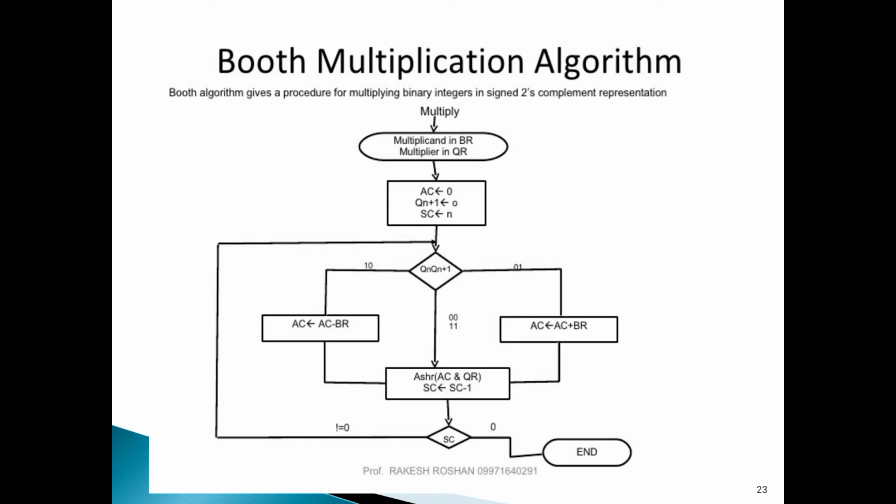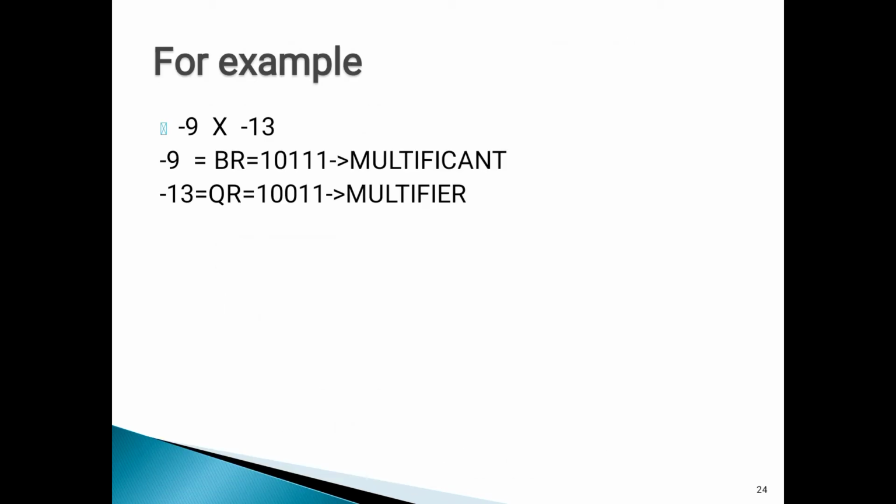So coming to the example point of view, let's take the two operands, minus 9 into minus 13, right? So how to find the binary number for minus 9? Write the binary number for 9 and find the 2's complement of 9.